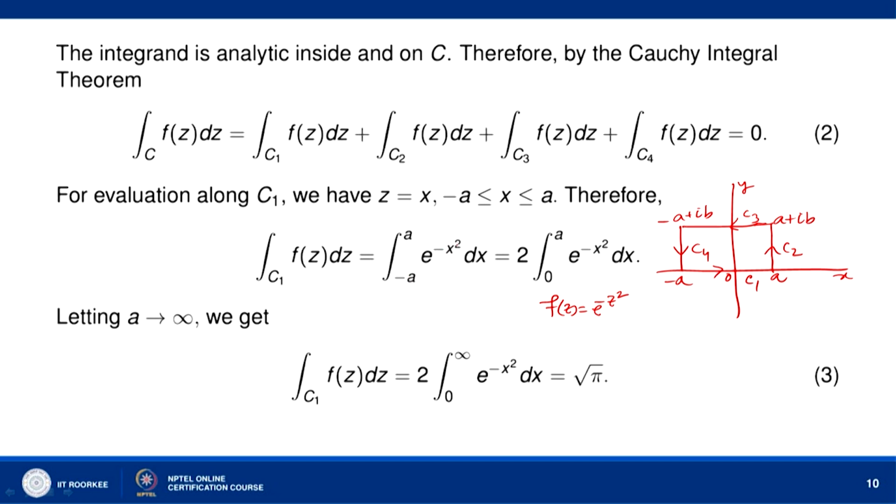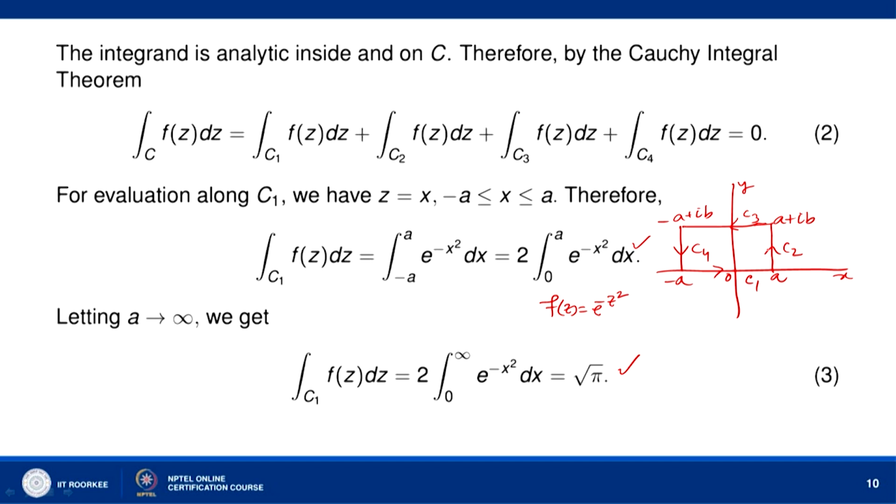Now, e to the power minus x square is an even function of x. So, it is 2 times integral 0 to a e to the power minus x square dx, and when a goes to infinity, the limit of this is 2 times integral 0 to infinity e to the power minus x square dx. So, when a goes to infinity, this becomes 2 times root pi by 2, that is root pi.